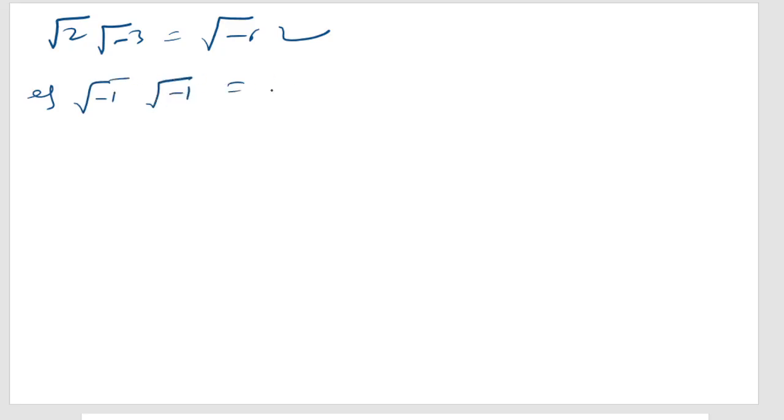Why am I saying that? See, let's say we have root 2 times root minus 3 is equal to root minus 6, perfectly fine. But if I write, for example, root of -1 times root of -1, clearly it is root of (-1)(-1), which is root of 1.